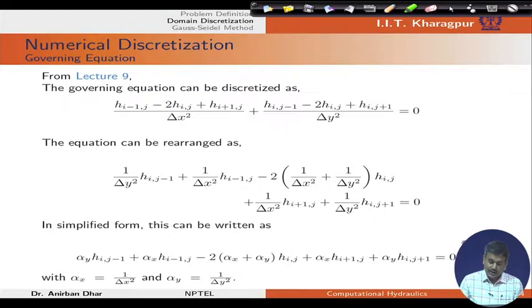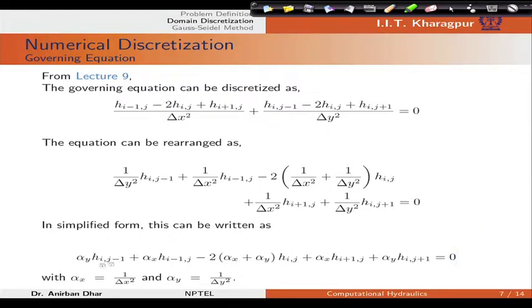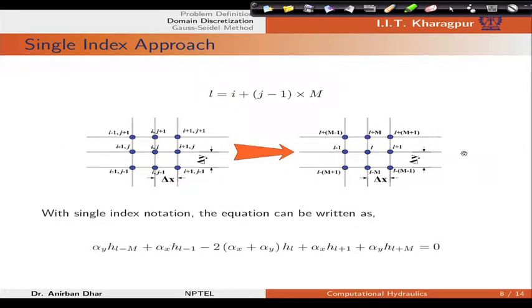So, we have this problem where we have a 2 index situation. For a 2 index situation, we already know that this can be further simplified using the single index approach.